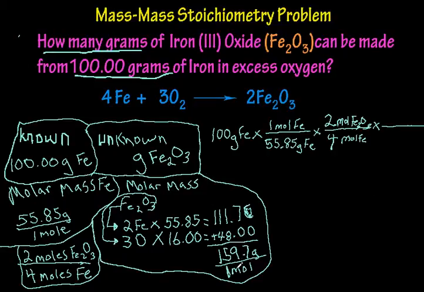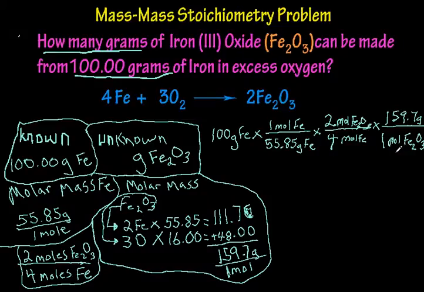Iron oxide, 1 mole of it. 1 mole of iron oxide, Fe2O3, is what? 159.7 grams.